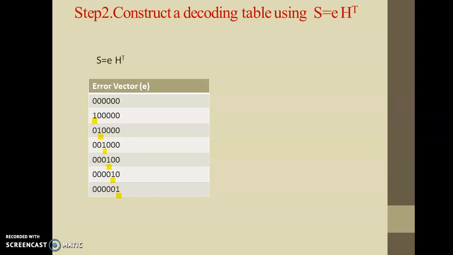We are going to solve problems for single bit error only. So out of these n bits, only one bit can be equal to 1. So this is an n bit code vector, and you write a 1 at a particular bit position when that bit is in error.